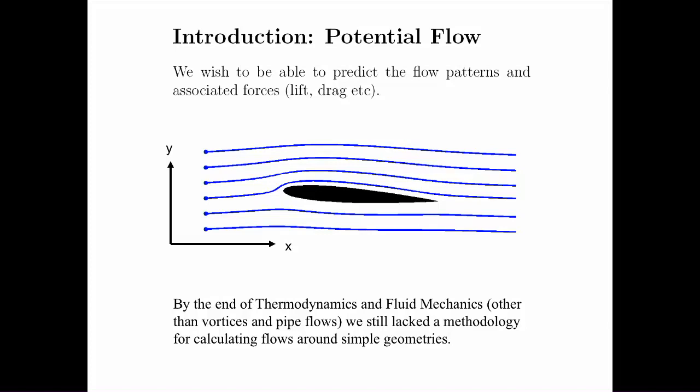All right, and in this subject, we will be looking at a flow over an airfoil at subsonic speeds, for potential flow. And it's quite nice because at the end of potential flow, you'll be able to predict the drag and lift for a flow over an airfoil, and then in compressible flow, you'll be able to predict the drag, lift and all other associated forces in a supersonic flow, which would be quite different.